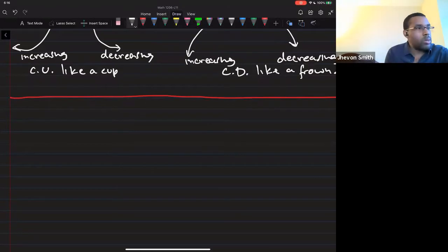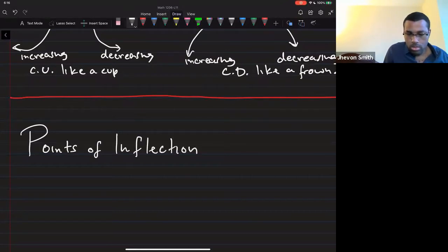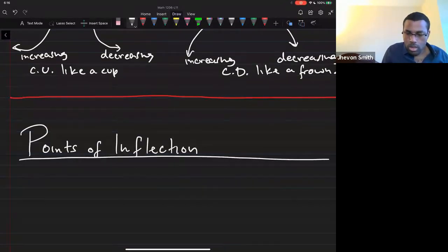So let's talk about points of inflection, AKA inflection points.